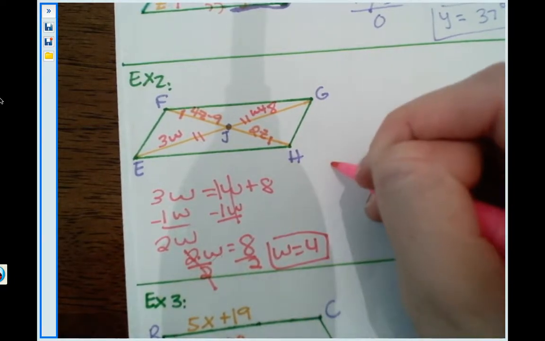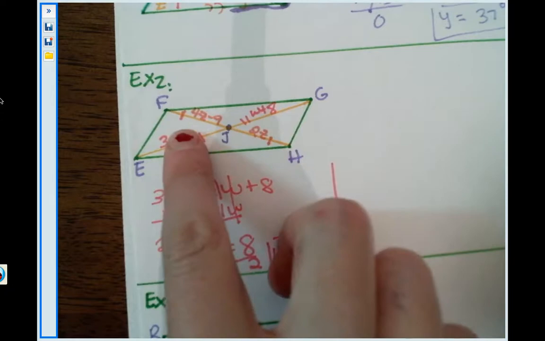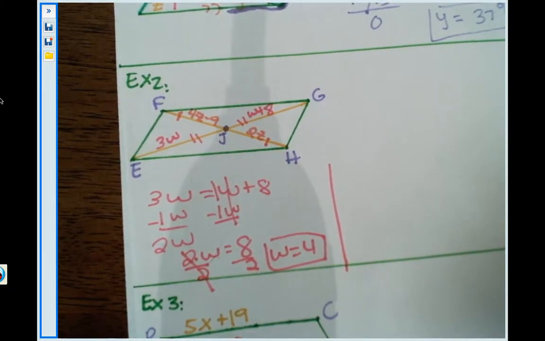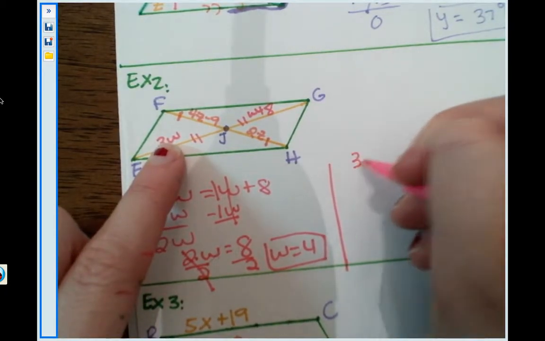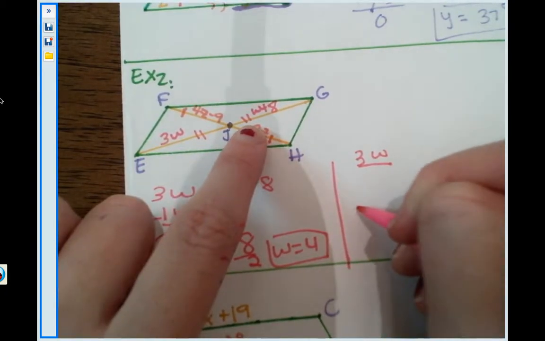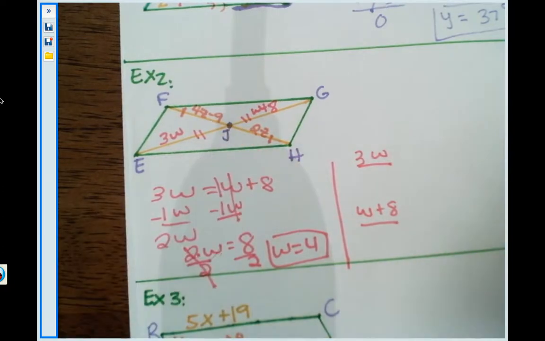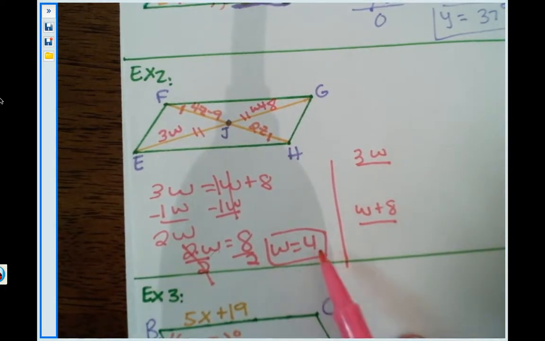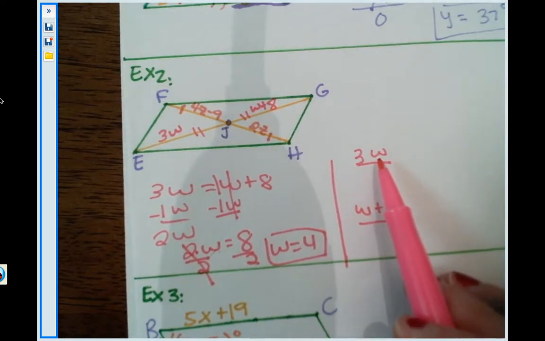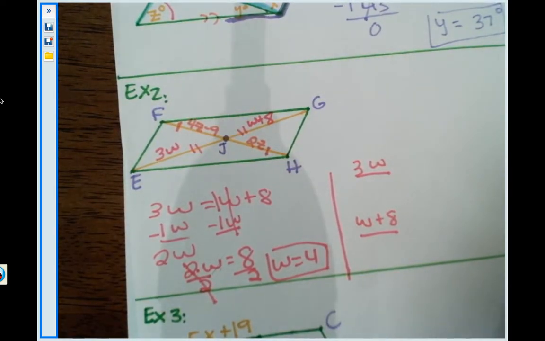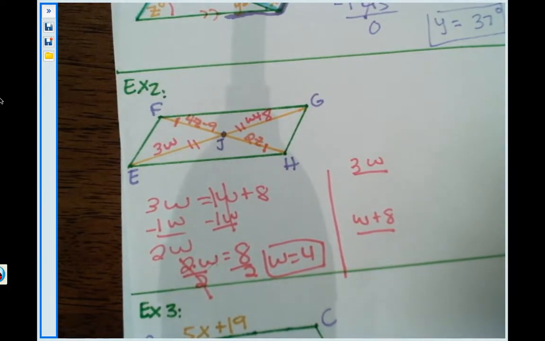Yay, we found W. But now I need to find what the lengths of these nifty pieces of the diagonal are. So we're going to start with the 3W piece, and then we will move on to the W plus 8 piece. Since we know that W is 4, that means I can substitute in 4 wherever I spot a W, and I can solve for the measure of the diagonal.